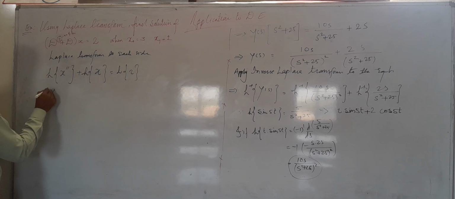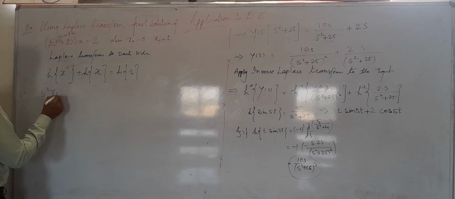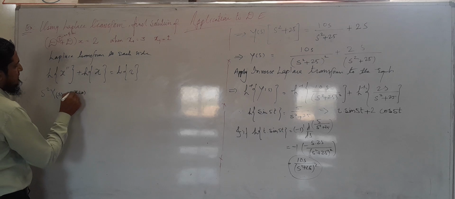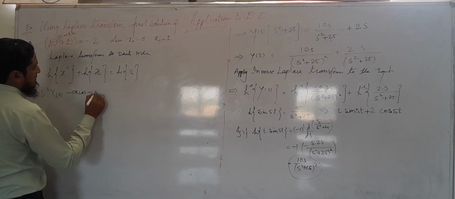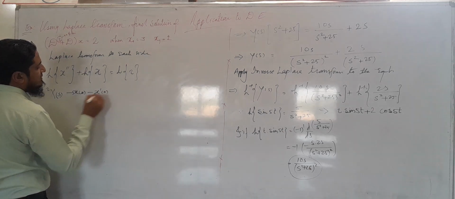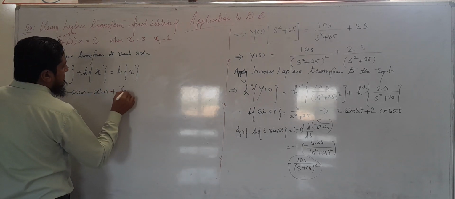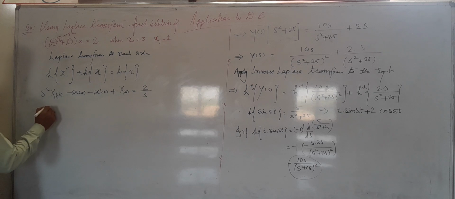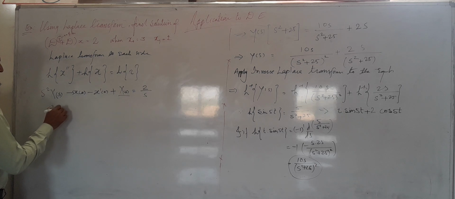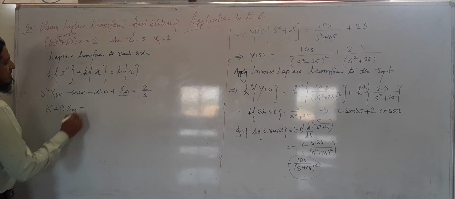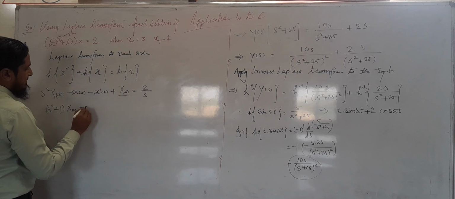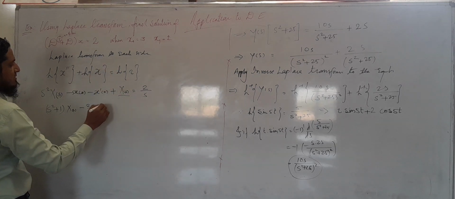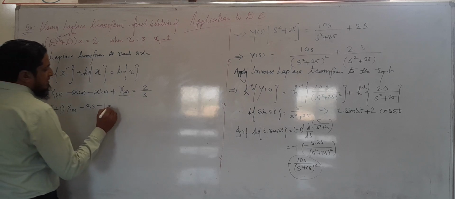Now it becomes s square X(s) minus s x(0) minus x'(0). Taking X(s) common, we will get s square plus 1 X(s) minus 3s minus 1 is equal to 2 upon s.